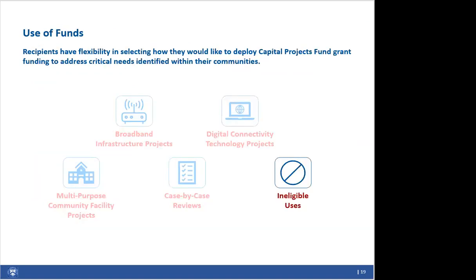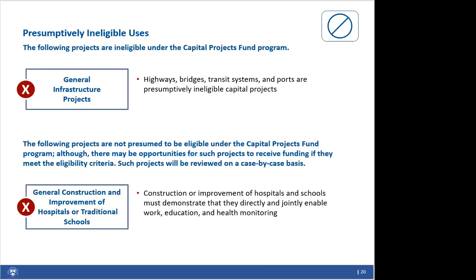Now, finally, I want to discuss presumptively ineligible uses of grant funding. So general infrastructure projects like highways, bridges, transit systems, and ports are presumed to be ineligible. Additionally, the general construction and improvements of hospitals or traditional schools are not presumed to be eligible under the Capital Projects Fund program.